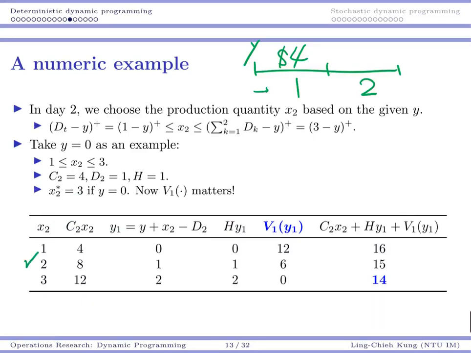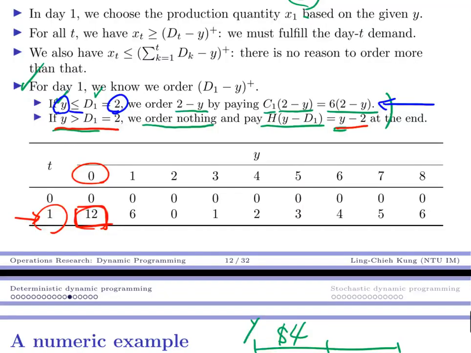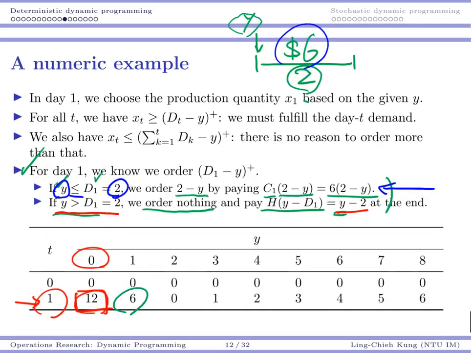What if we produce 2 units? We're going to pay more production cost for today. And because we leave 1 unit for tomorrow, we pay 1 unit of holding cost. But because we have this preparation for tomorrow, all I need to pay is $6. Why do we have that? Because 6 is here.